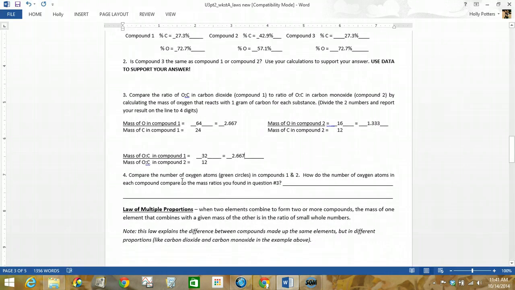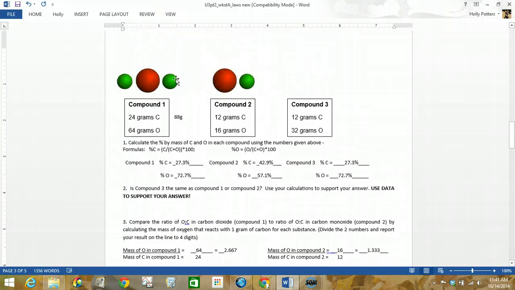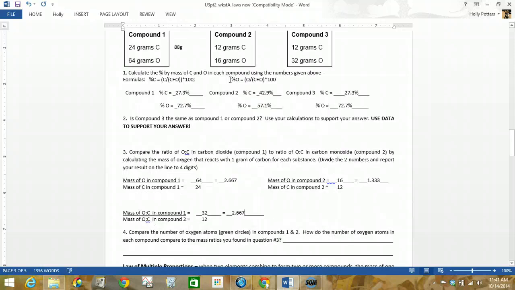Okay, so comparing the number of oxygen atoms to the numbers of carbon atoms in each of the compounds above. Notice that there's 2 oxygens for every 1 carbon in compound 1 in the picture, and there's 1 oxygen for every 1 carbon in compound 2.